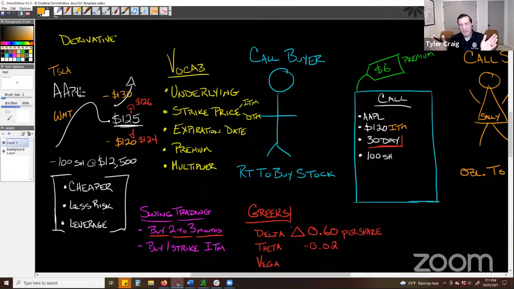Don't you think then it would be more expensive to lock in the right to buy Tesla at a set price for the next 30 days than to lock in the right to buy Walmart at a set price? So that volatility expectation is going to be one of the inputs for pricing an option.